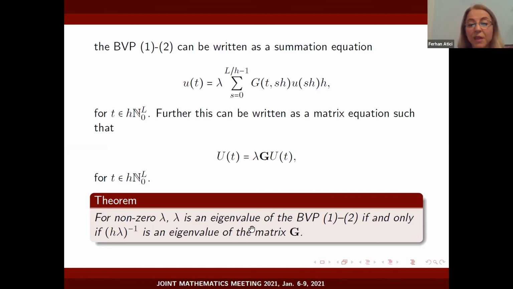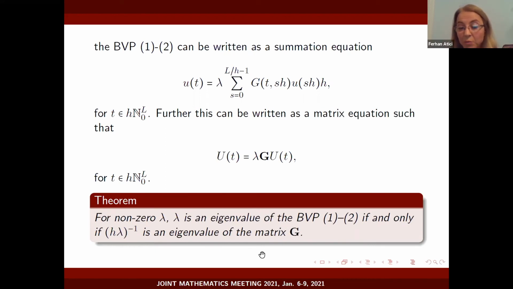And then we have this nice theorem. In order to calculate the eigenvalues of the boundary value problem 1 and 2, you just need to calculate the eigenvalues of this square matrix. If h lambda to the negative 1 is an eigenvalue of the square matrix, then lambda is an eigenvalue of the boundary value problem 1 and 2.